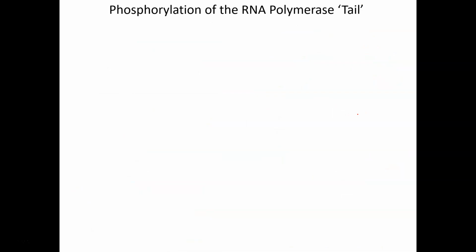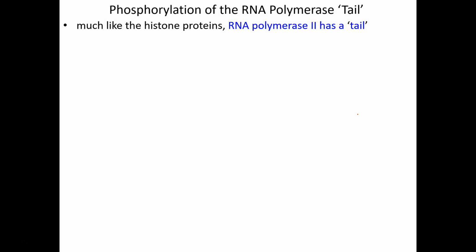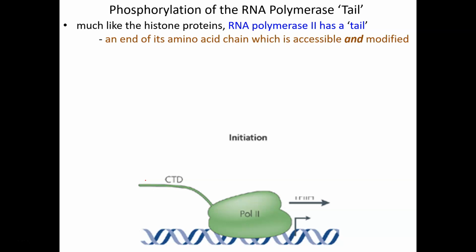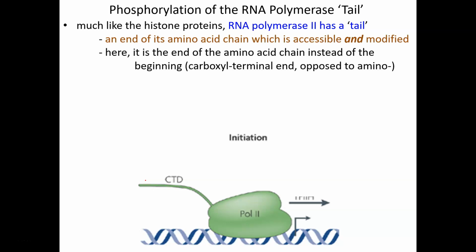The TF2H does a very specific job. It's perhaps one of the most important GTFs after TF2D. Much like the histone proteins, RNA polymerase II also has a tail, a carboxy terminal end of itself. And that carboxy terminal tail, that last few amino acids that projects out of the central core of RNA polymerase II, is functional. It's accessible, and it can be modified. This is the carboxy terminal end of the protein, not the amino terminal end.